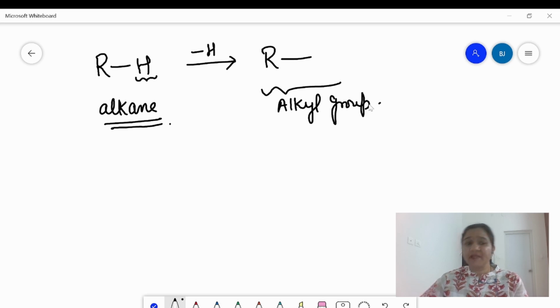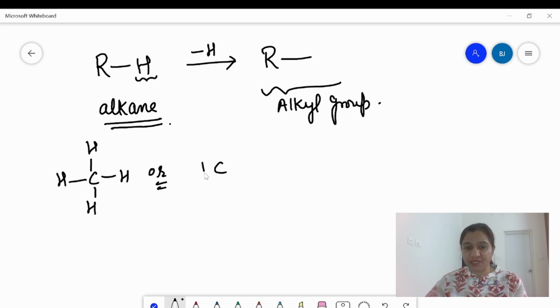Now, let me give you one example. I have methane. I can write it as CH3-H, which is the same thing as the condensed structure CH4.